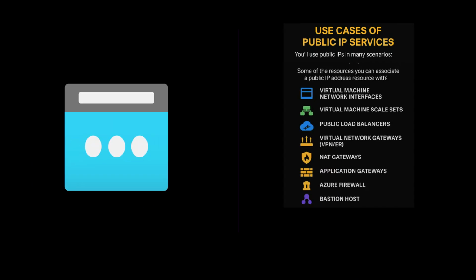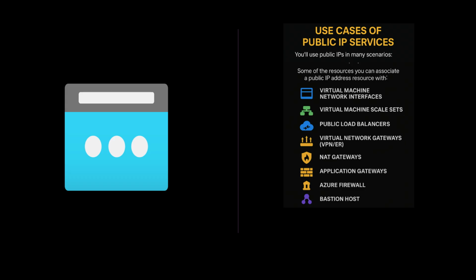In Azure Resource Manager, a public IP address is treated as its own standalone resource, complete with its own properties and configurations. When you're designing solutions that require communication with the internet, you'll often associate a public IP address with specific Azure services.